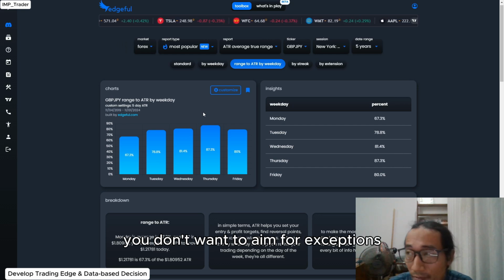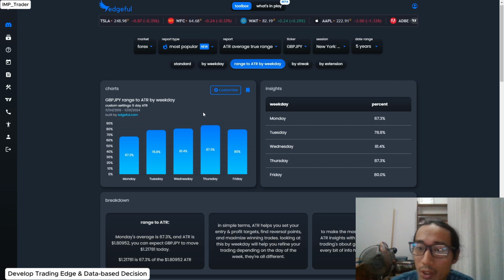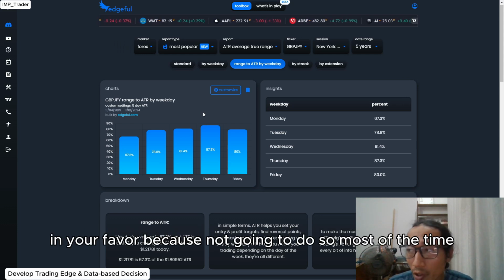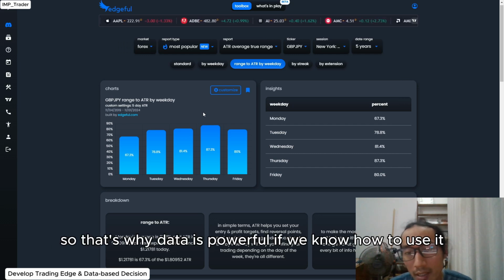You don't want to aim for the exception. You don't want to aim for a fixed risk to reward and expect that the market is going to behave in your favor, because it's not going to do so most of the time, and more often than not we're going to be disappointed. So that's why data is powerful if we know how to use it.